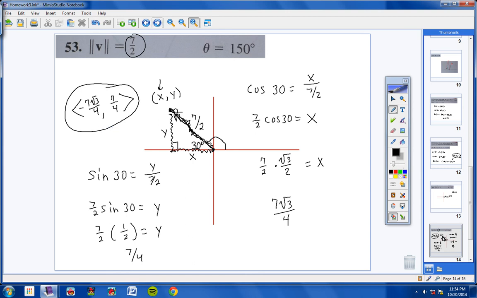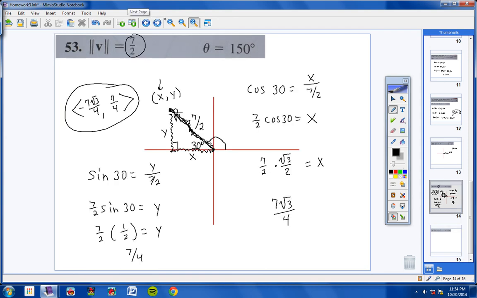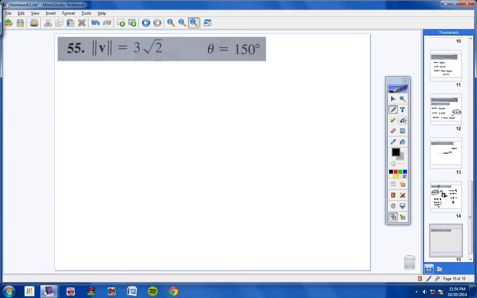Number 55. Looks like the same thing, again 150 degrees, so pretty similar to the other problem. So we're going to rotate 150 degrees like this. Here's our vector right here. Try to draw this one a little neater if at all possible. There we go, a little better. And let's see what we have here.